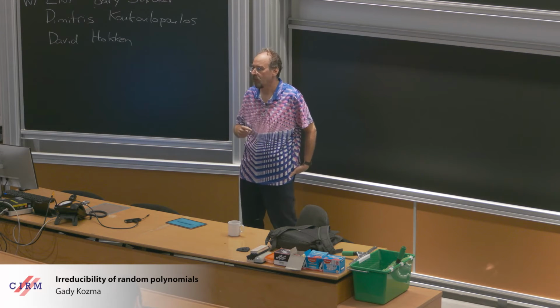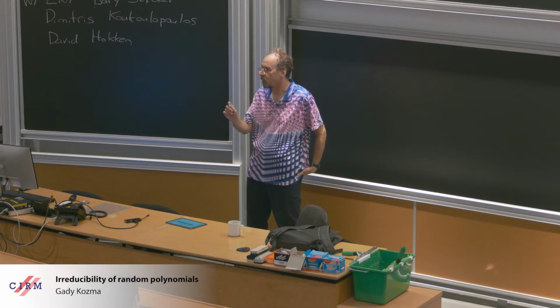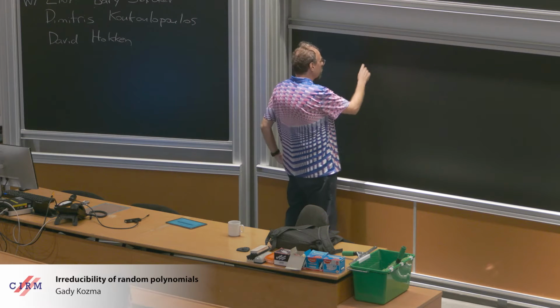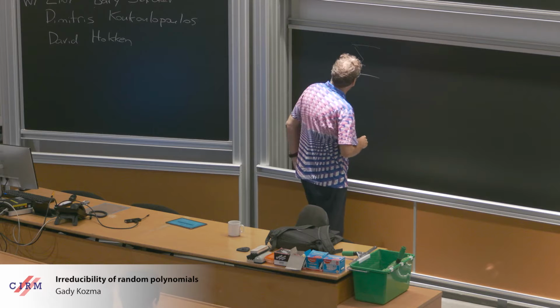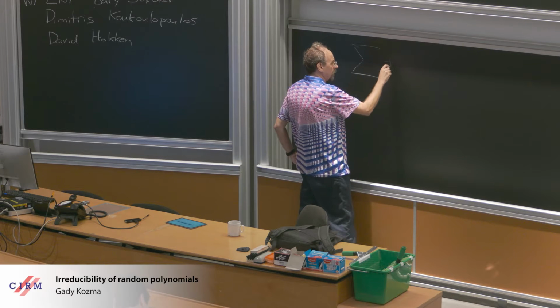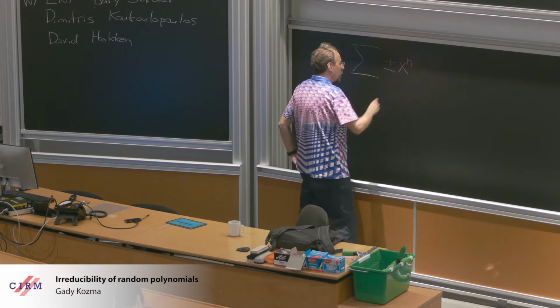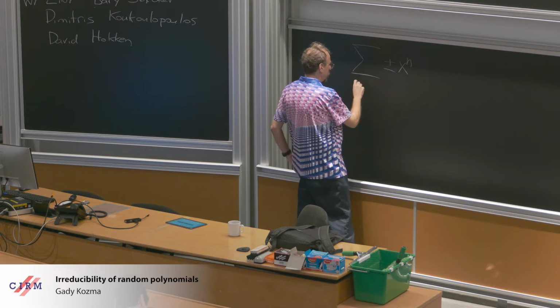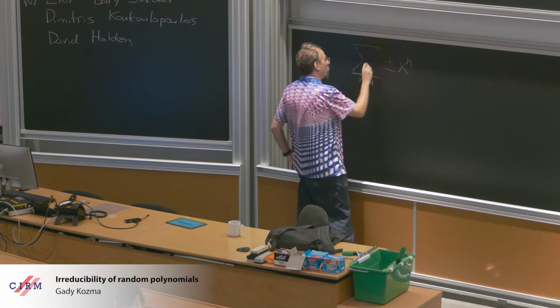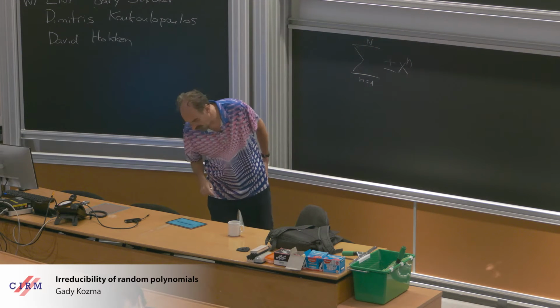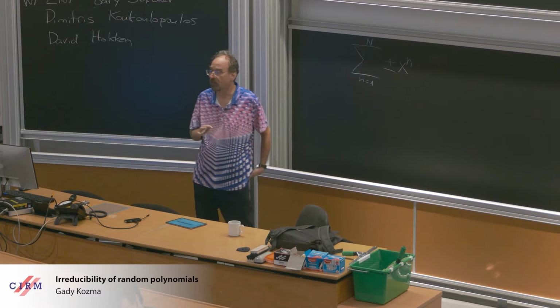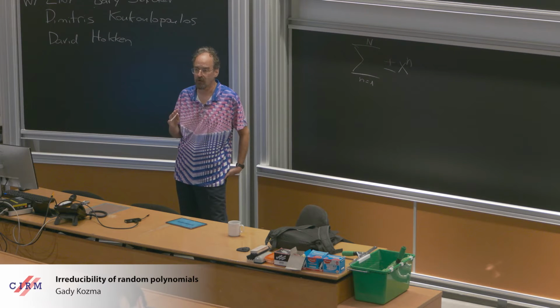Let me start with an open problem, which is still open. The problem is very easy to state. You can tell it to any undergraduate. Take a sum of plus or minus x^n. A random polynomial of degree n, with coefficients plus or minus 1.